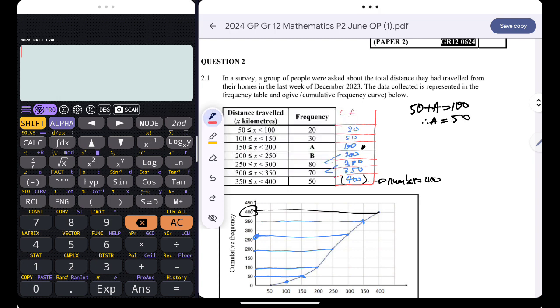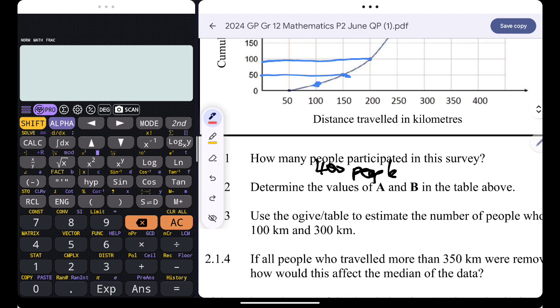Do the same thing for B. I know that 100 plus B should give me 200, right? So therefore, B is equal to 100. So A is equal to 50 and B is equal to 100.